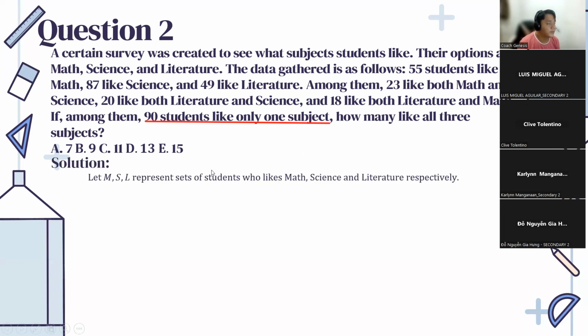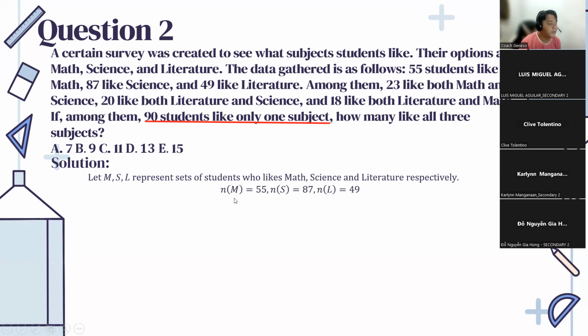Okay, so we first let M, S, and L represent sets of students who like math, science, and literature. So you can also use the Venn diagram in order to observe the values and also the portions as well.